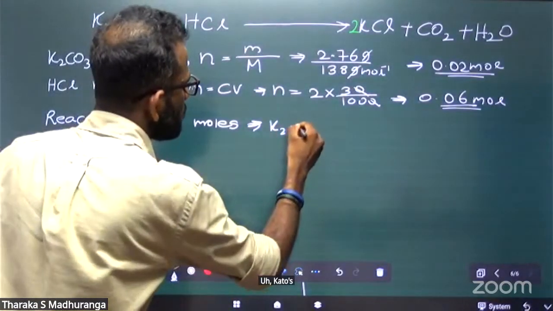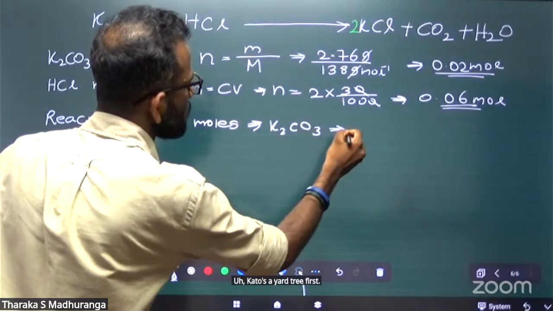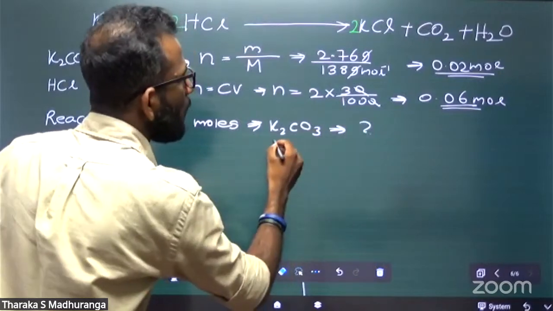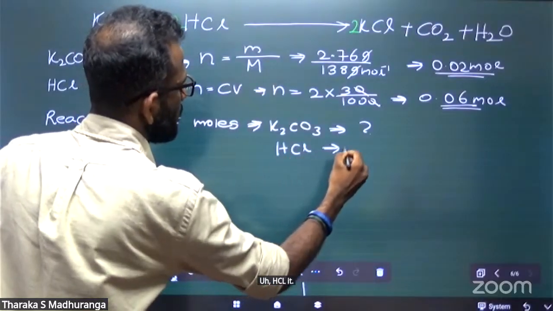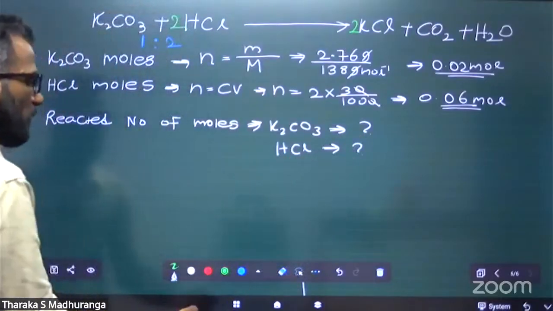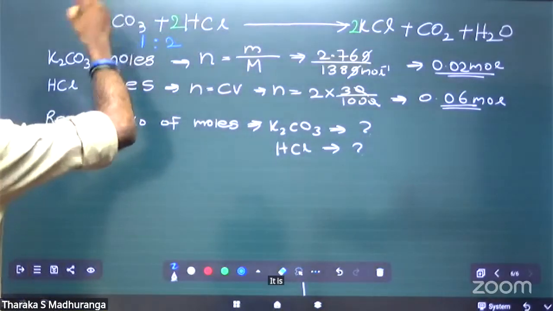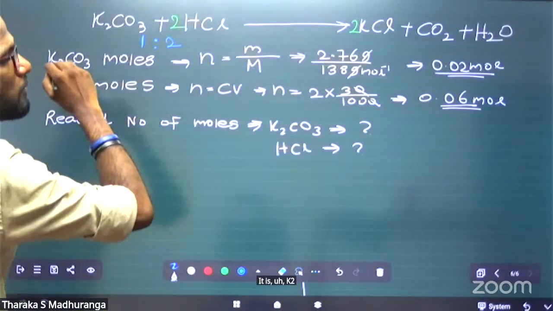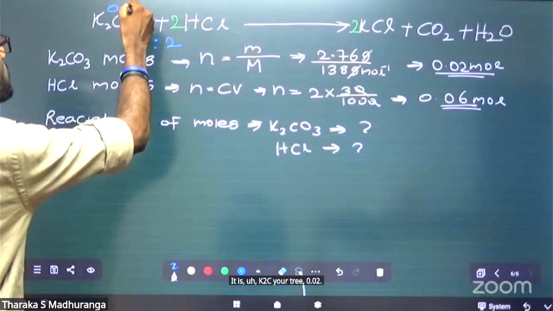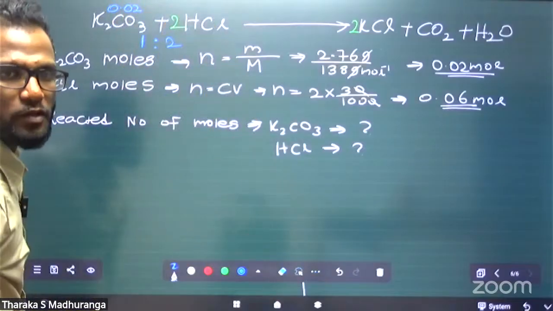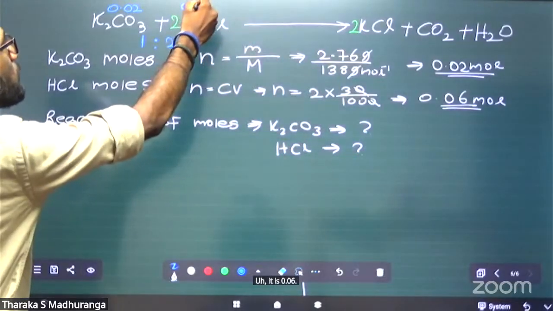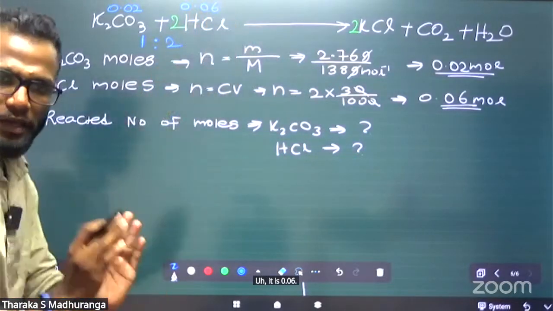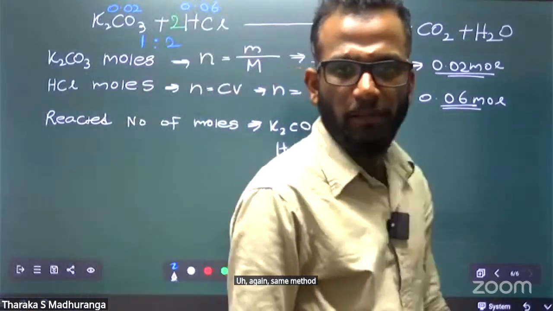K2CO3 first, HCl later. It is K2CO3 0.02. It is 0.06. Again same method.